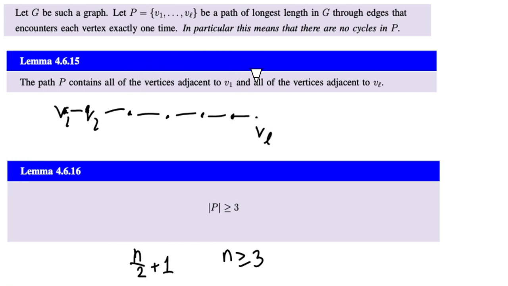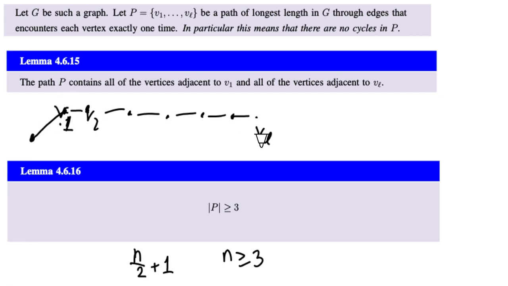Now, with our assumptions here, let's think. Such a maximal path P contains all vertices adjacent to V1 and all the vertices adjacent to VL. VL is the last one, V1 is the first one, and everything that's adjacent to V1 should be in this path. How can we be sure? If it weren't, then we'd have something adjacent to it that's not in the path, and we can draw an edge to it.